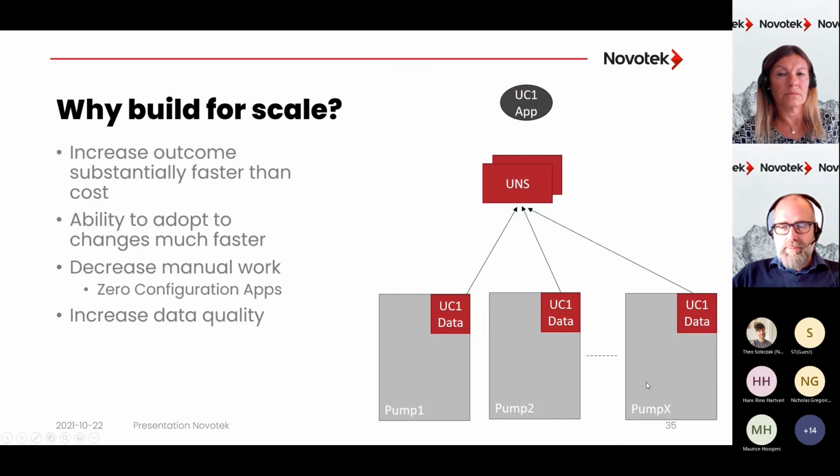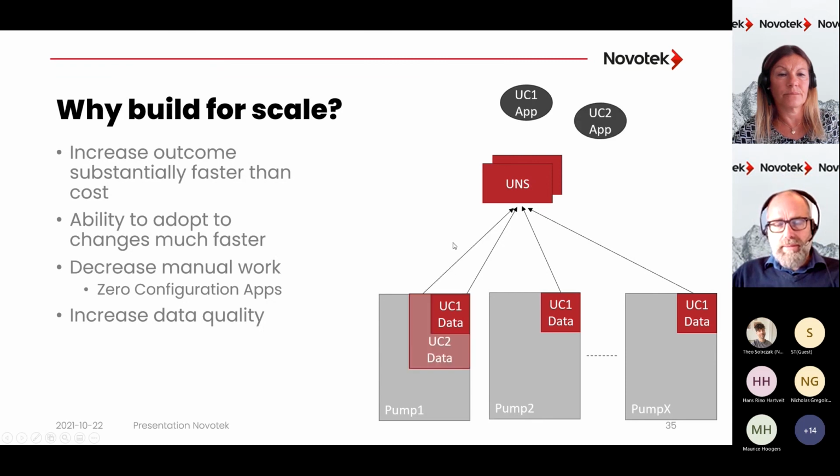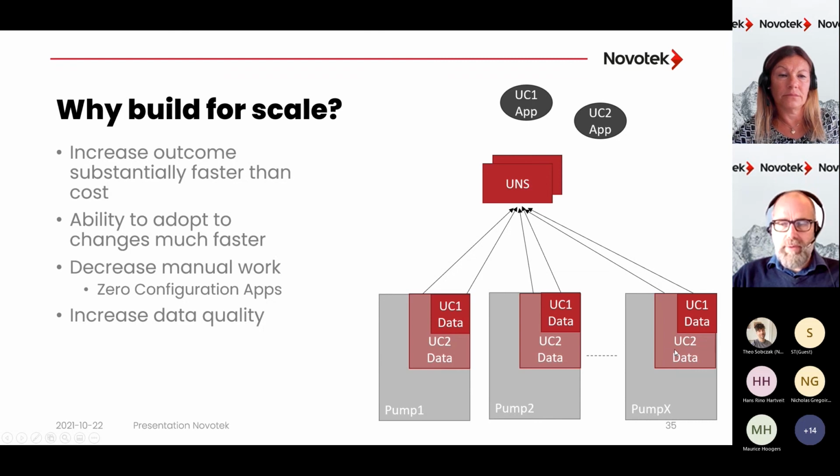This will take time to scale because it will require interaction with the local OT teams. But then you realize that you have a use case 2 that needs a little bit more data. And that means that the scaling of this app would probably not take as long as the scaling here, but similar. It will require interaction with the local OT team on each and every site for each and every pump to get that data in.